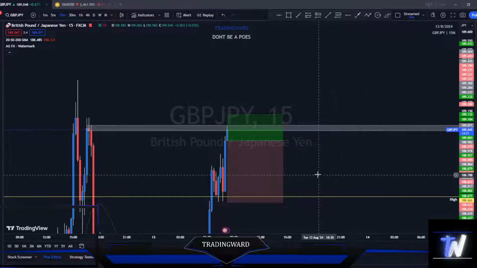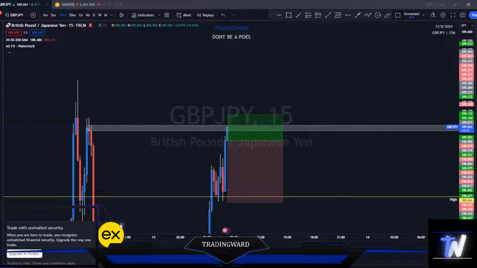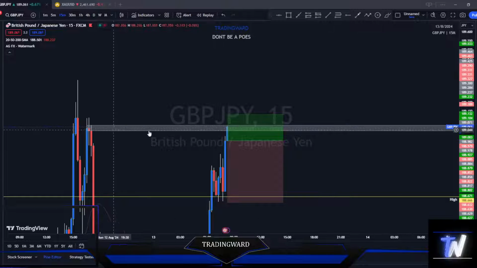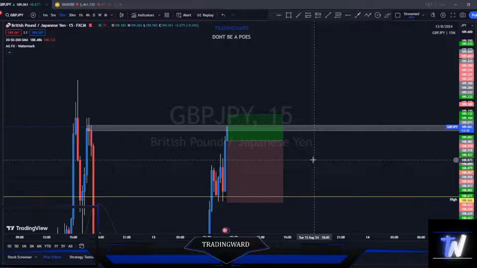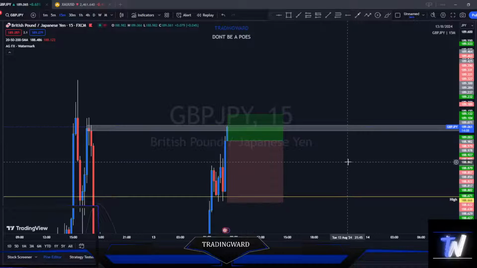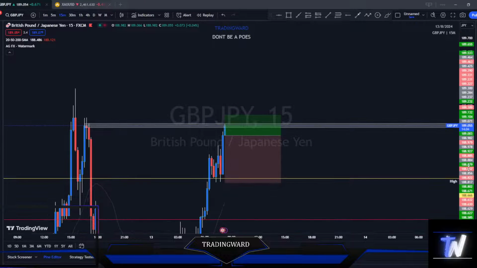This is when it becomes tough, when you basically reach your target already. And the no low wick. 35 pip stop.